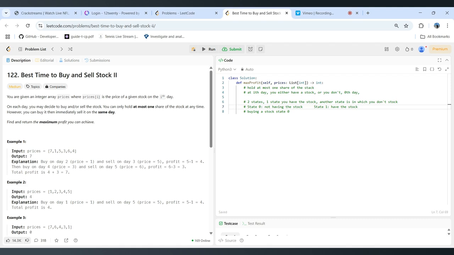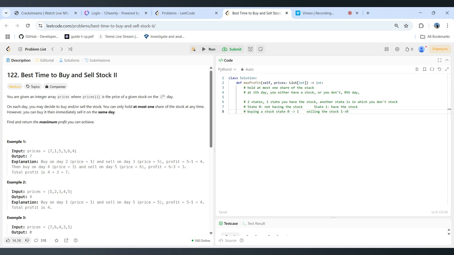So these are the two different states that we're denoting by 0 and 1, and buying a stock converts from not having the stock to having the stock. So it goes from state 0 to 1. Similarly, selling the stock goes from state 1 to 0.